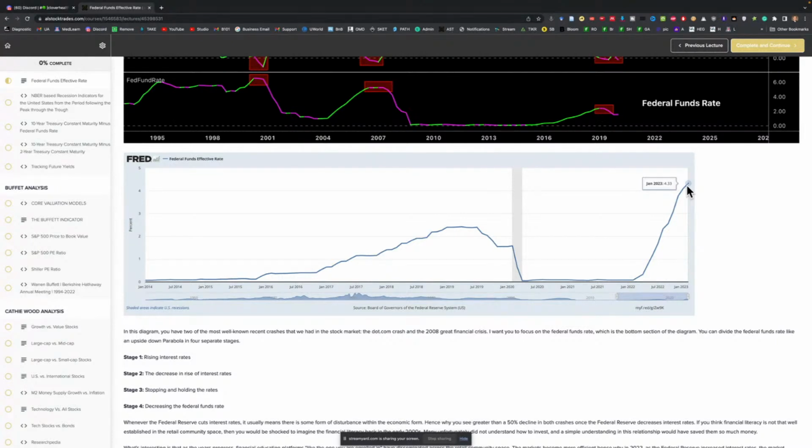And usually when we drop, it's indicative that there is a problem in the economy. So people in this camp are saying we're not there yet.